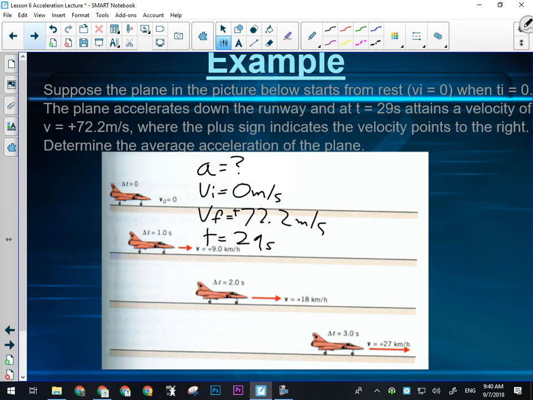All I have to do now is go to my formula sheet and find a formula that has those things in it. And it's going to be the one you used last year in Science 10, a equals (vf minus vi) over t, and we don't have to manipulate it. It's already set up to solve for this. So we put in there our 72.2 minus 0 divided by 29.